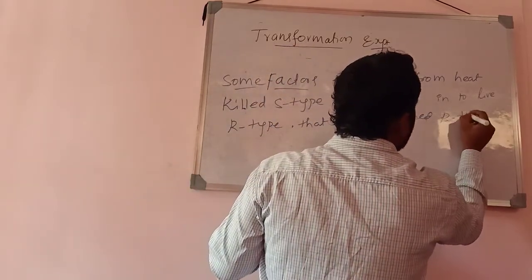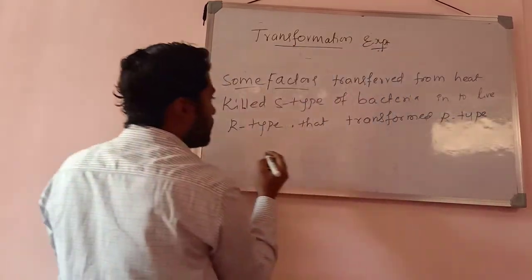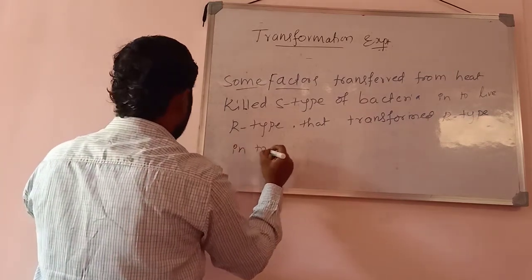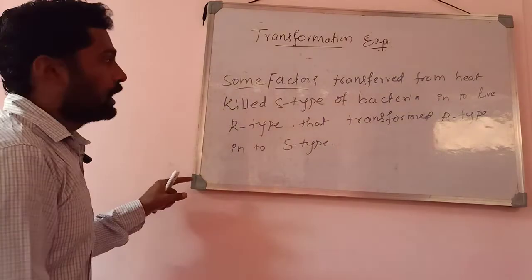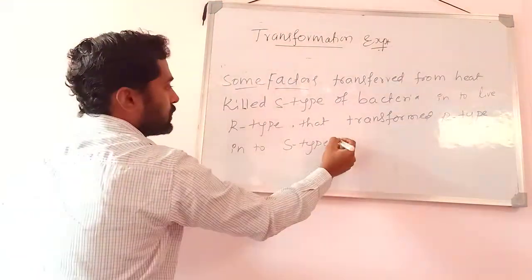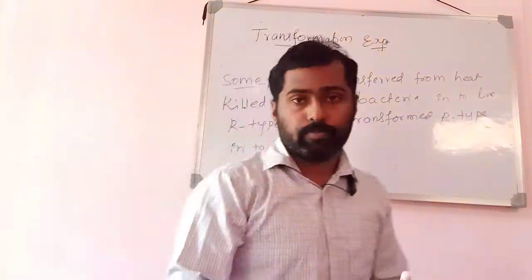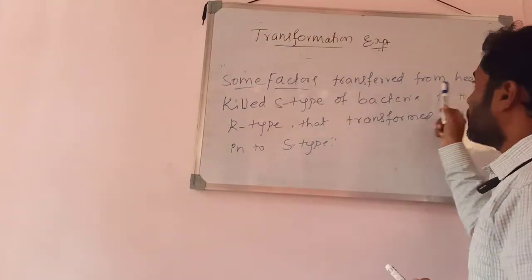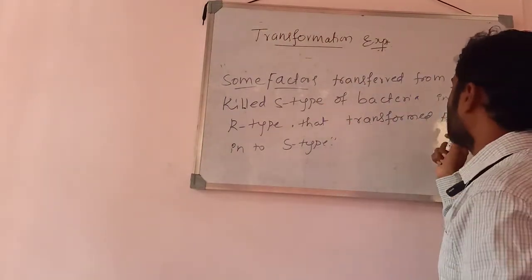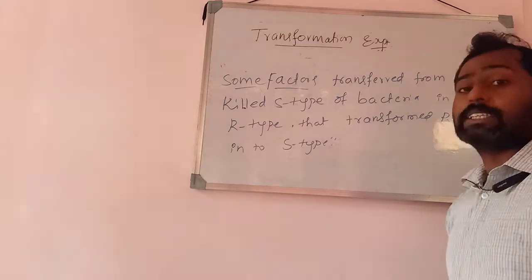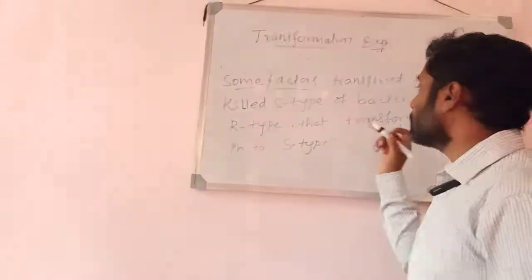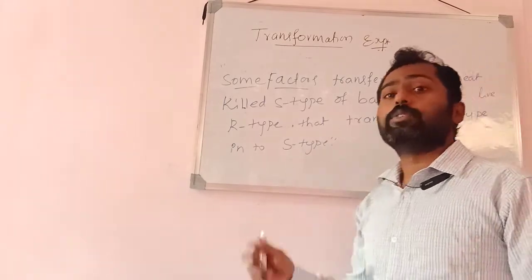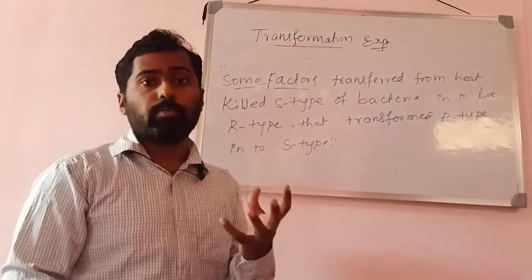He concluded that there are some factors which get transferred from heat killed S type bacteria into live R type bacteria, and that transforms, means converts, the R type bacteria into S type bacteria. That is what Griffith concluded.